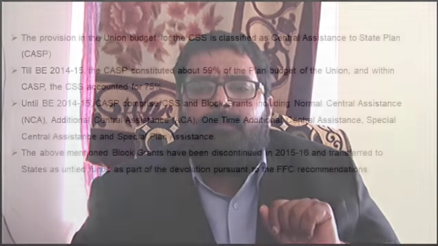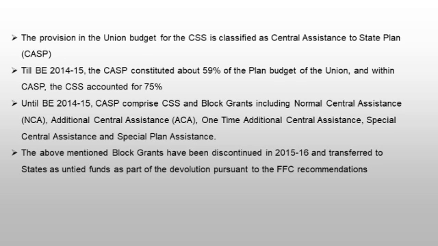That's a major point of dispute between the center and states. And actually, before the 14th Finance Commission, let us see what the position was, because things changed after the 14th Finance Commission. The centrally sponsored schemes are classified as CASP, Central Assistance to State Plans.